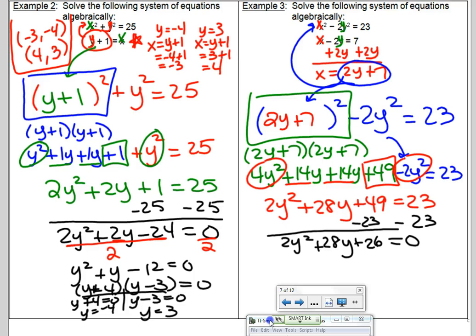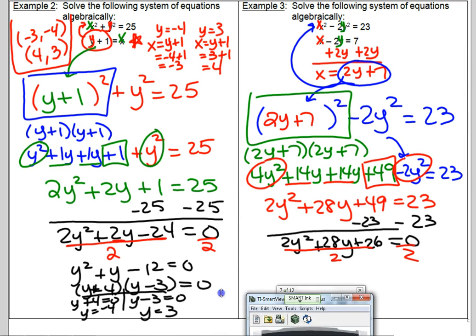and again, I noticed that all the terms have a 2 GCF in them. So I'm going to make my life easier by bringing that over.